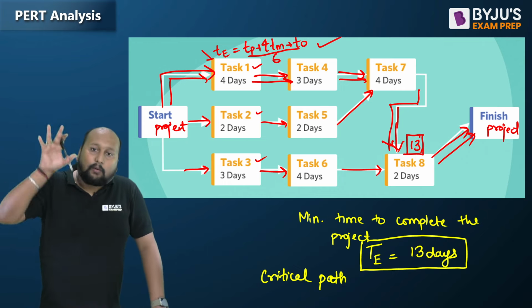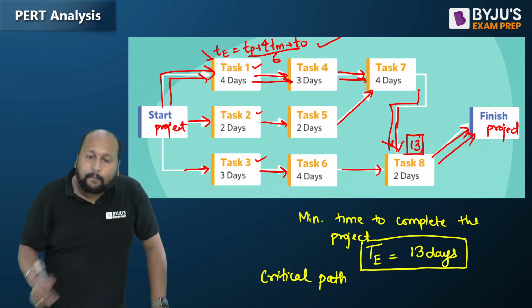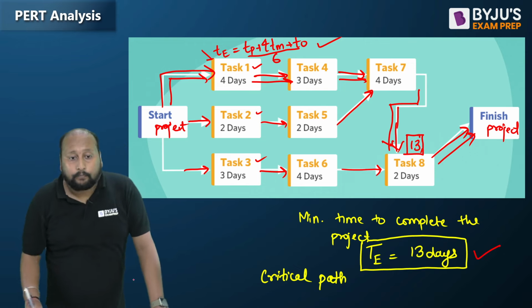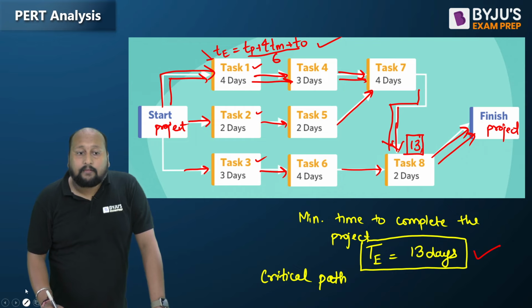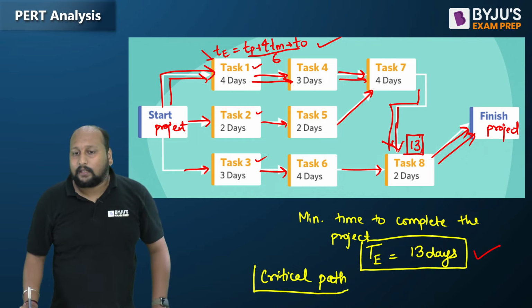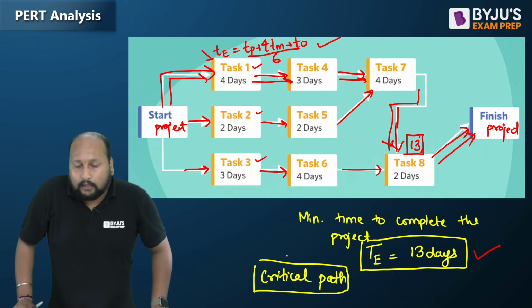Once you have calculated that, you can draw the network diagram and obtain this minimum time to complete the project. And the pathway from where we get that minimum time, we call the critical path, and we use double arrows to show it in the network diagram.